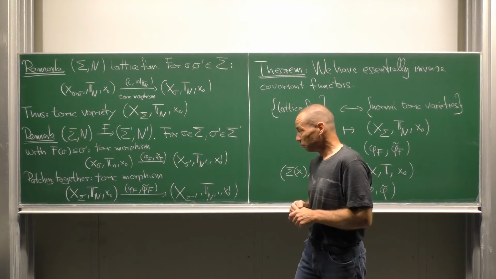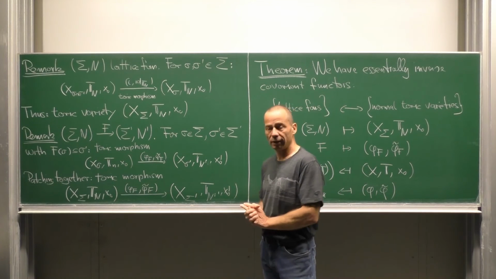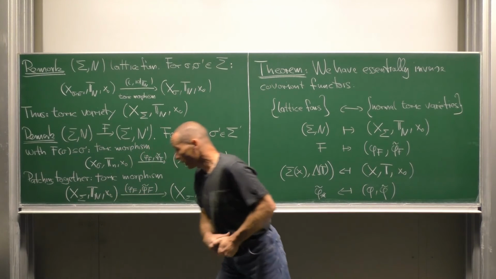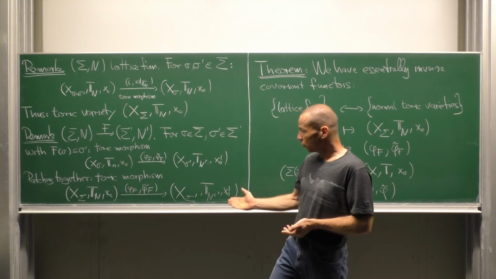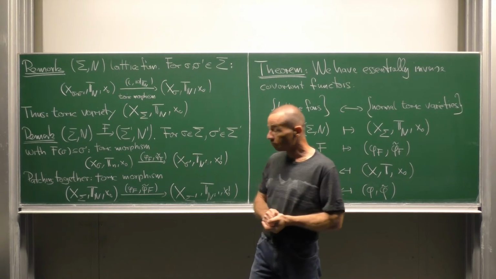These toric morphisms between the affine pieces can be patched together and give a toric morphism from the toric variety associated with the fan Σ to that associated with the fan Σ'.